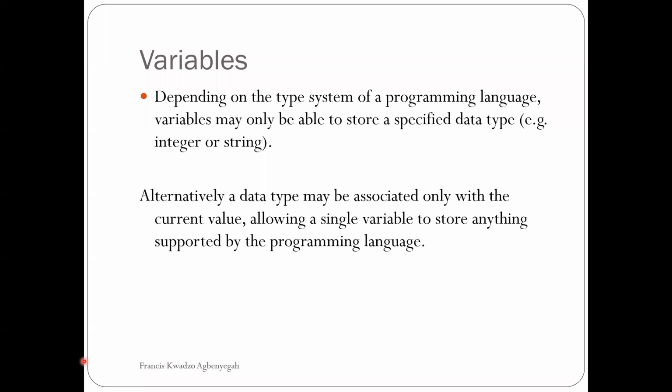Depending on what you have, that will determine the kind of data type you assign to your variables. Alternatively, a data type may be associated only with the current value, allowing a single variable to store anything supported by the programming language. We'll move on and see the various data types supported by our C++ language.